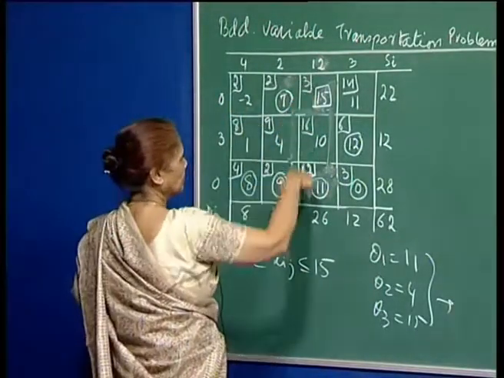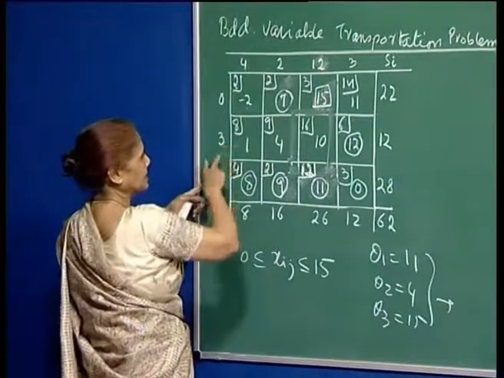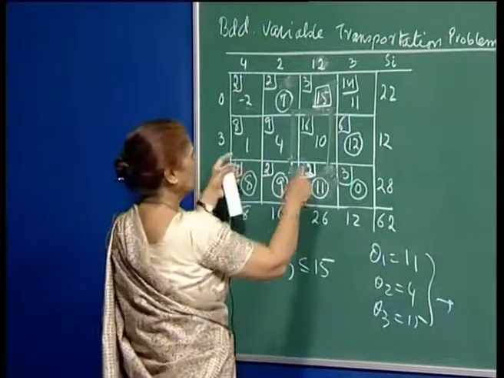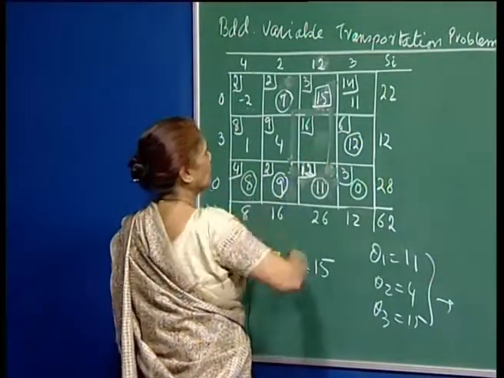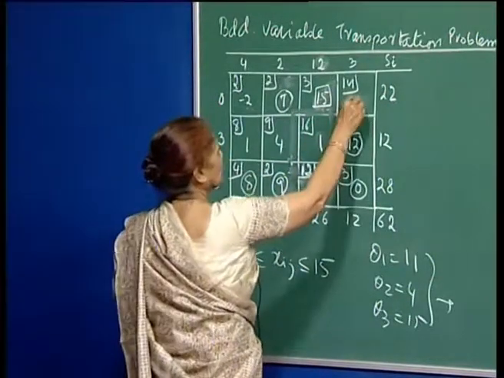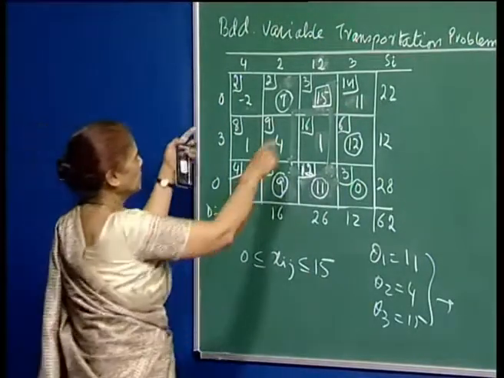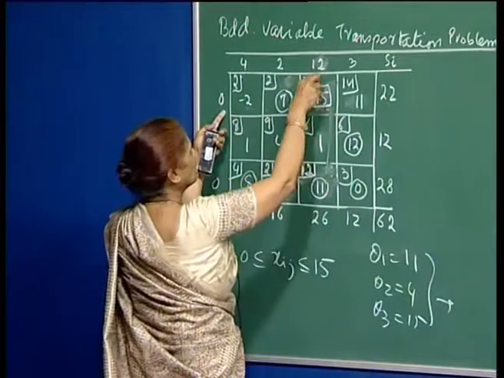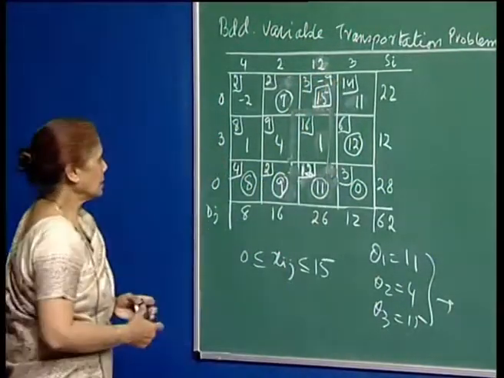See, it's only this one which will change, because these numbers and these numbers are the same, so I don't have to compute them. And here what will happen, 12, 15, this is still 1, and this number will also not change, because this is 11. Yes, I have to compute for this one, so this will be 3 minus 12, which is minus 9, so that's fine, and we are done.